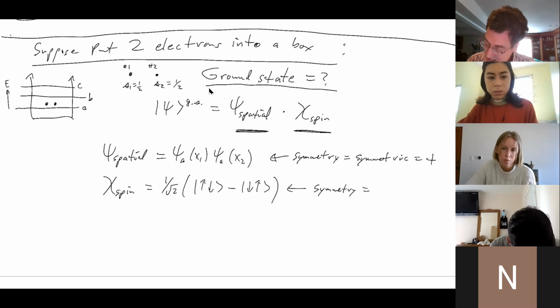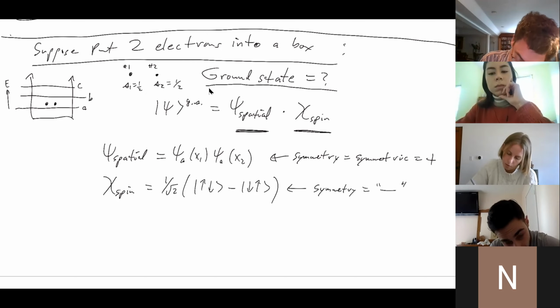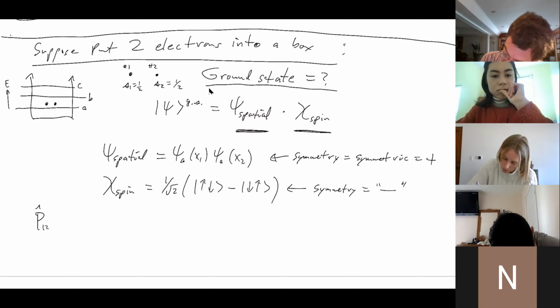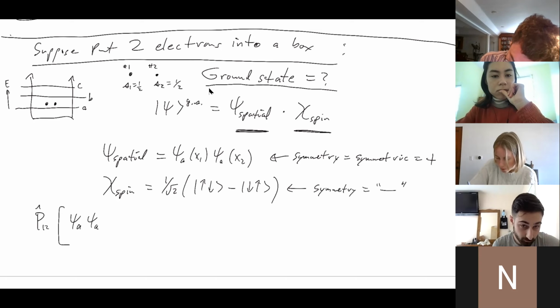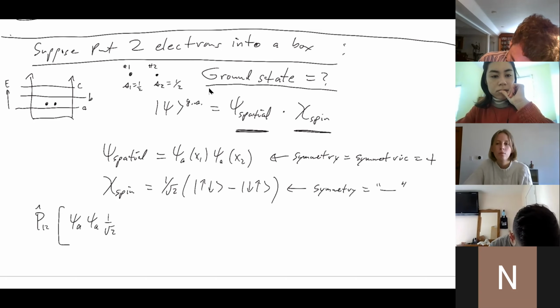Negative. Exactly, it's anti-symmetric. And so that means that the symmetry, if I exchange P12 of this state, I'll call it psi A, psi A. I'm just trying to do shorthand. It's just so tedious to write. Up, down, minus, down, up.